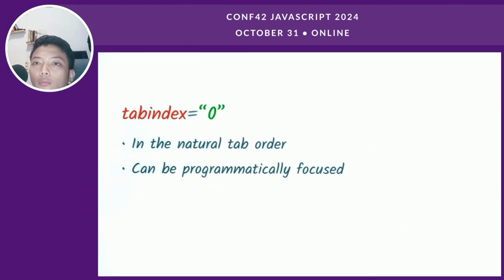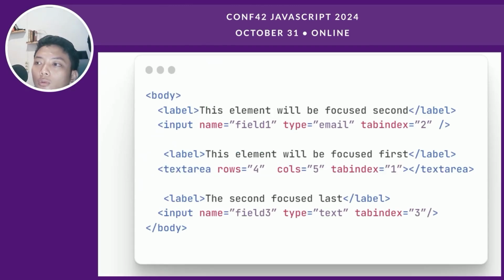The common way to do tab index is to add tab index 0, so it will appear in the natural tab order in the browser. It can also be focused by the browser in the natural tab order. If you have multiple tab indexes, the first thing to appear in the natural tab order will be the least number.